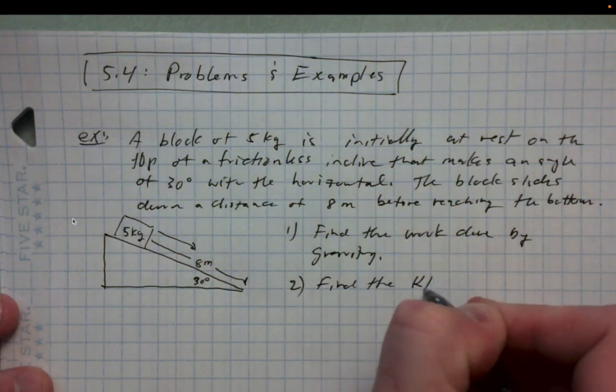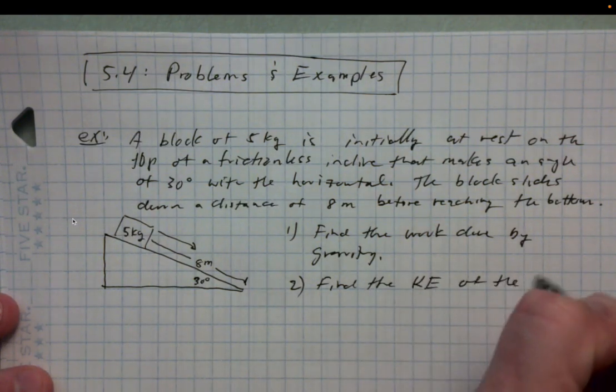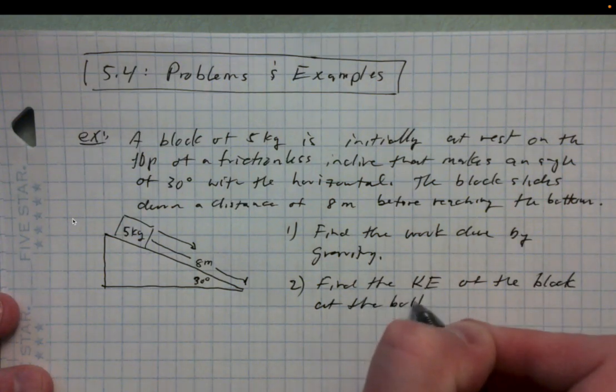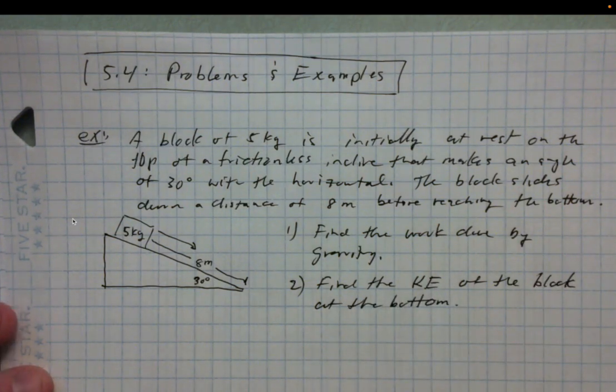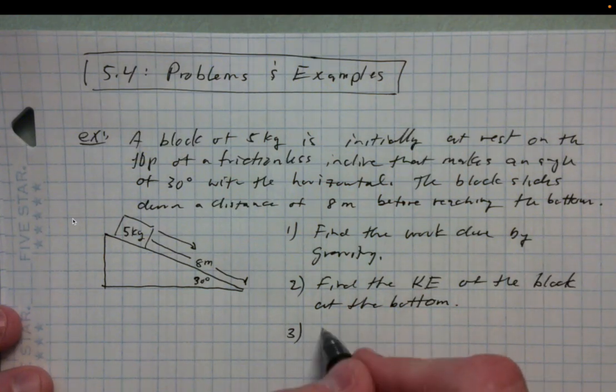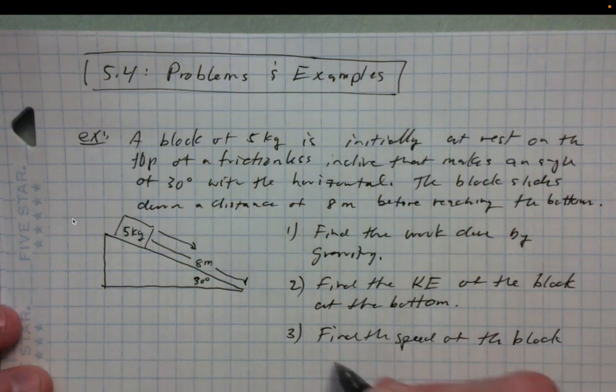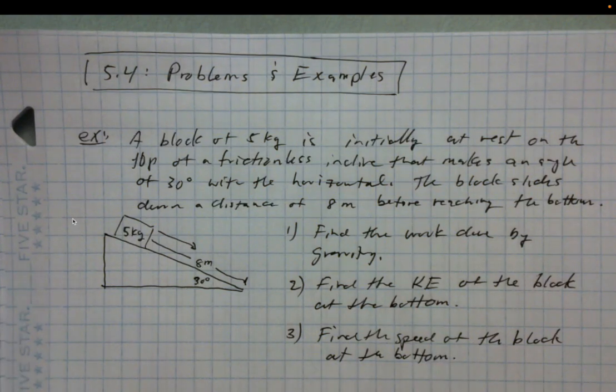And then the third thing is let's find the speed of the block at the bottom. These are kind of basic applications of work and kinetic energy and the work energy theorem.